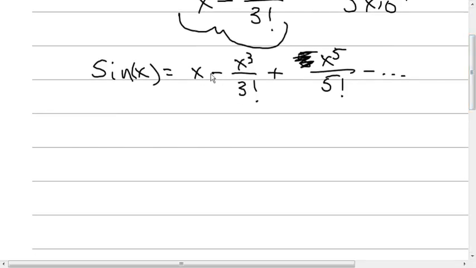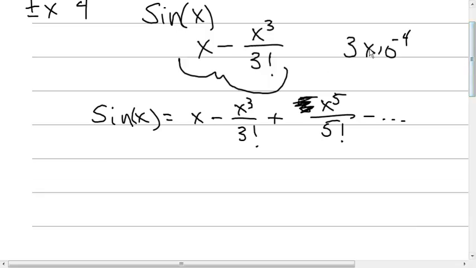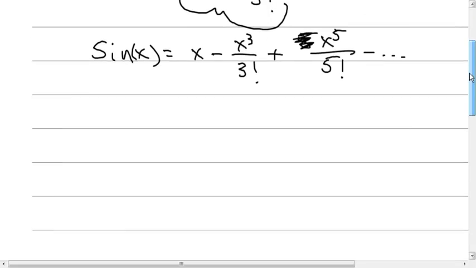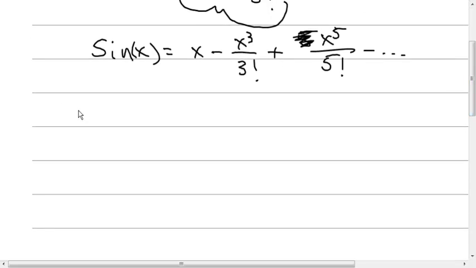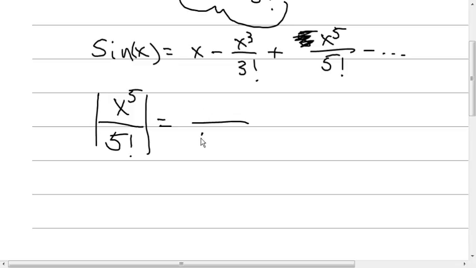So when can we get away with this and have an accuracy at this level? Well, that's pretty easy to figure because we know that the absolute value of M here can be taken to be 1 because we're dealing with sines and cosines, so that the absolute value of our remainder is no greater than something like this, and that's equal to 5 times 4 times 3 times 2 times 1, which is 120.